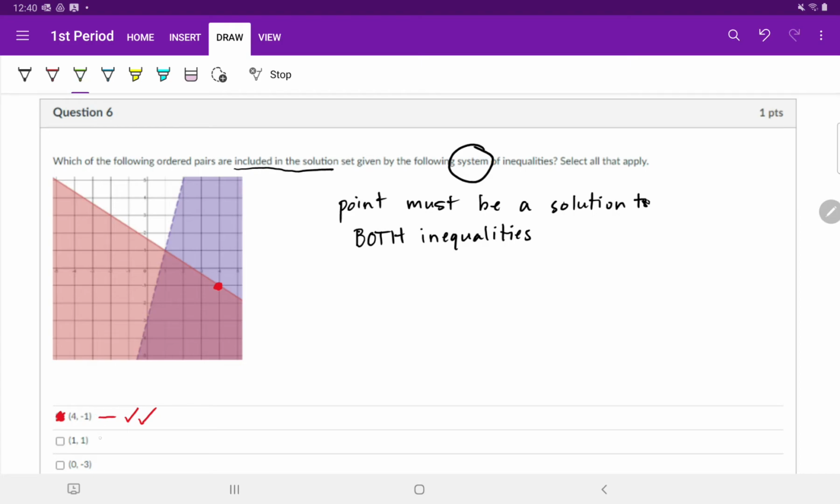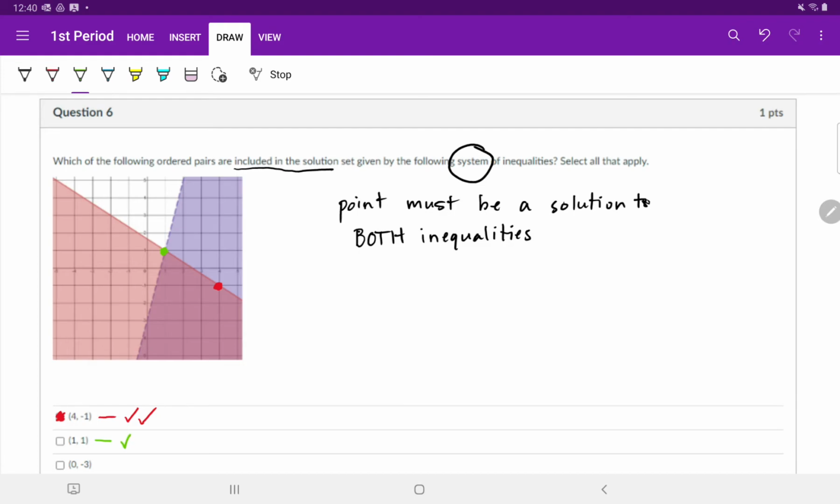Now let's look at the next point. We'll use a different color. 1, 1. That would be right here. This one's a little tricky. It actually tripped up a lot of you guys, which is understandable because it's a tricky problem. So is this a solution to the red inequality? It sits right on that solid line. Yeah, solid line points are solutions. So this is a solution to the red inequality.